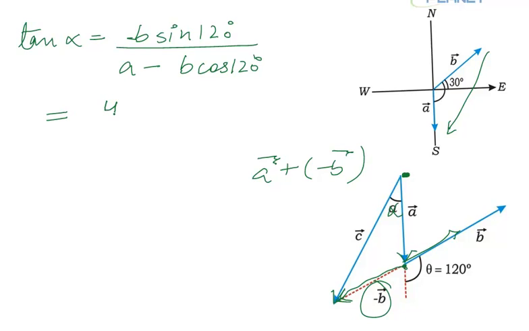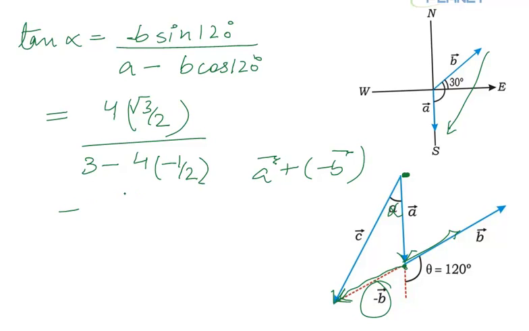B is 4, sine 120 is root 3 by 2, divided by, what is A? A is 3 minus 4 cos 120, and cos 120 is minus half. So if you calculate this value, you will get 2 root 3 divided by 5.